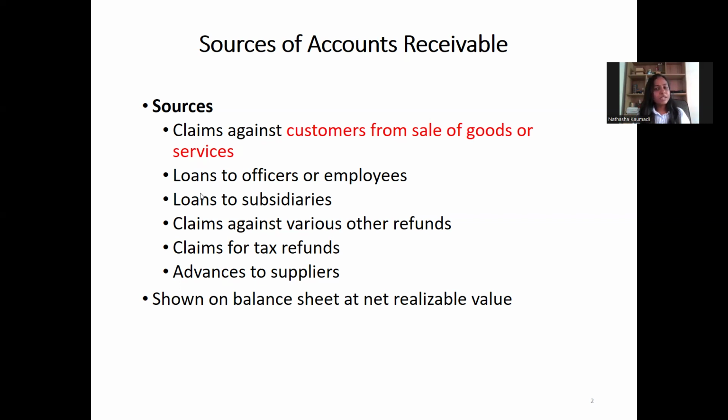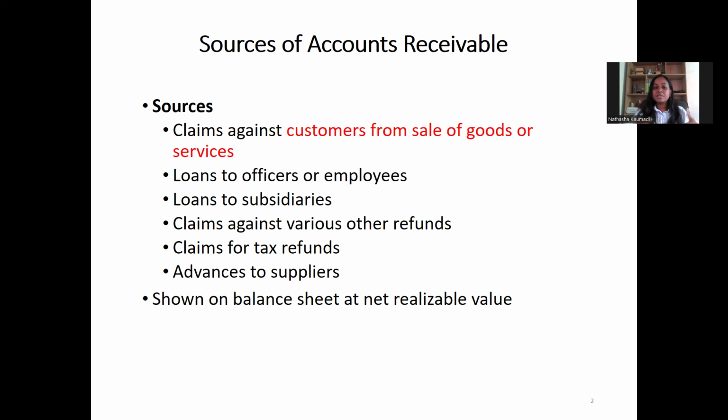What is the first source of accounts receivable? Claims against customers from sale of goods or services. This is the major source of accounts receivable. Basically, it talks about trade receivables.